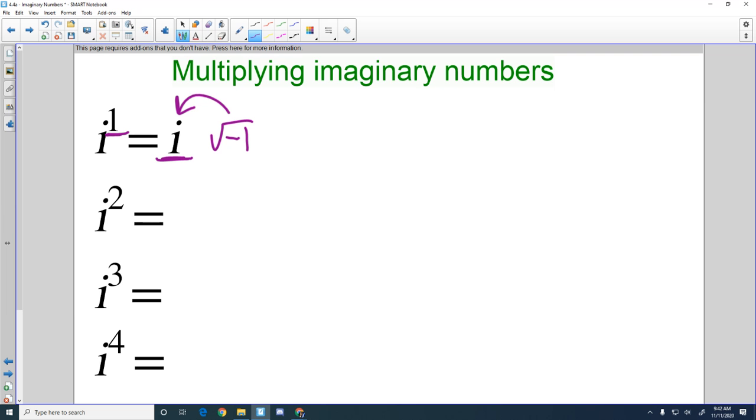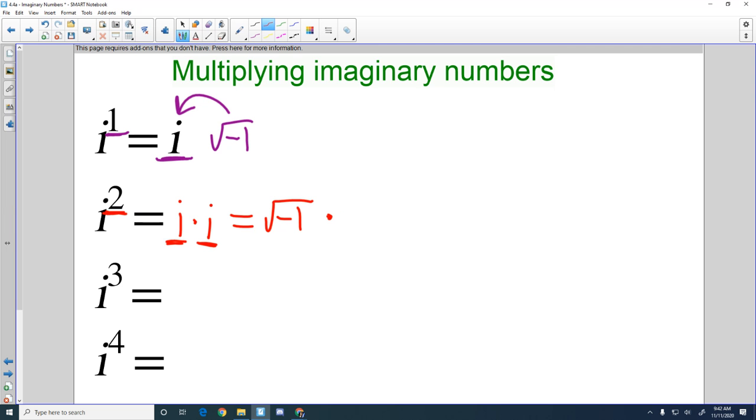But now, i squared. Okay, so i squared means we're taking i times another i. Now, to figure out what this would represent, we do want to use that definition of i. We know that an imaginary number is actually the square root of negative 1. That's like this first i. But I'm multiplying it by a second i.